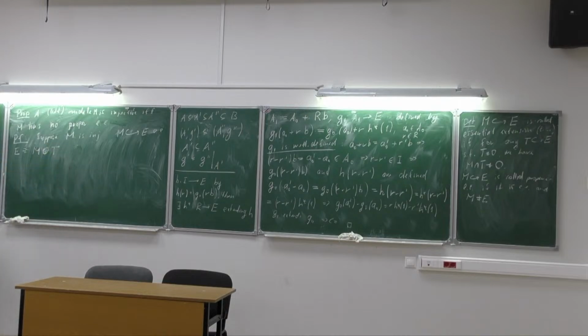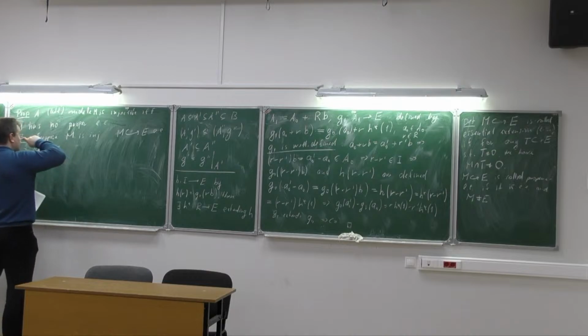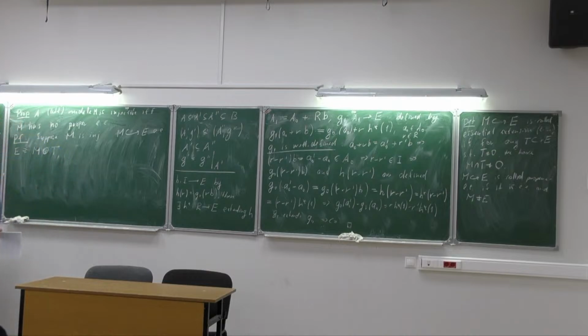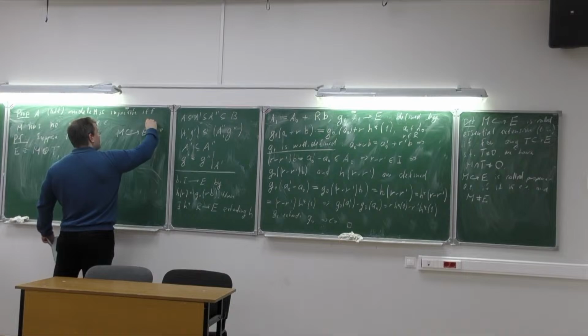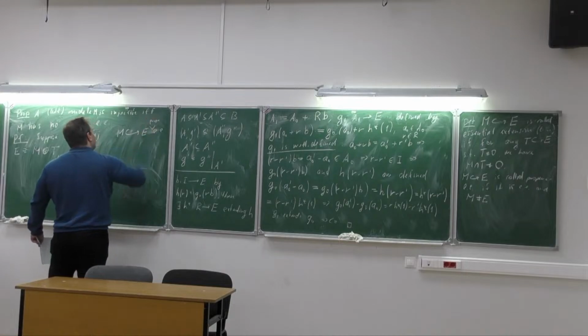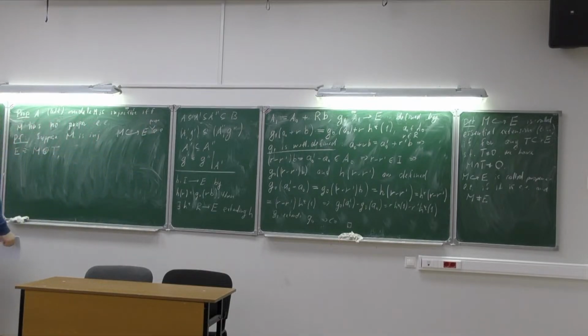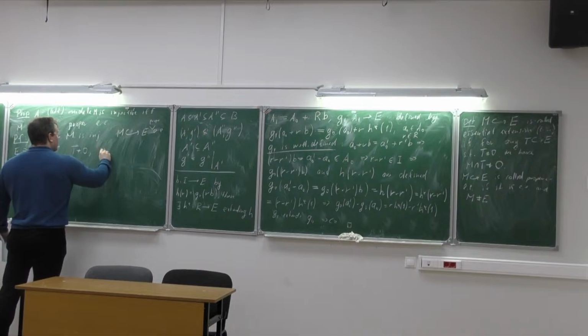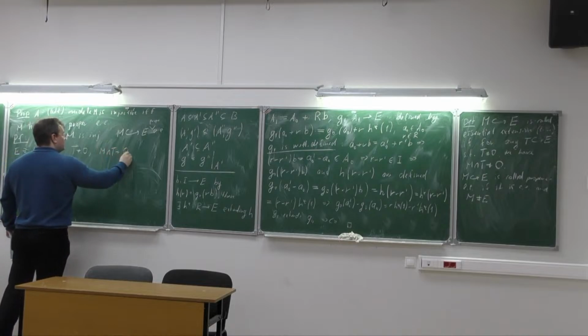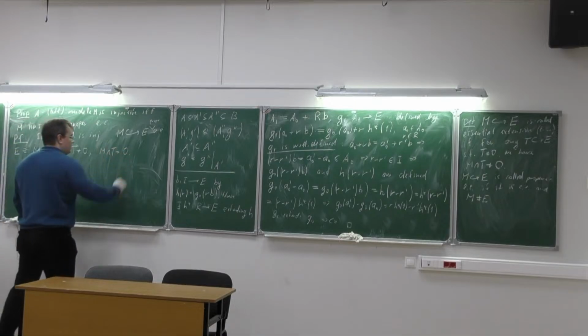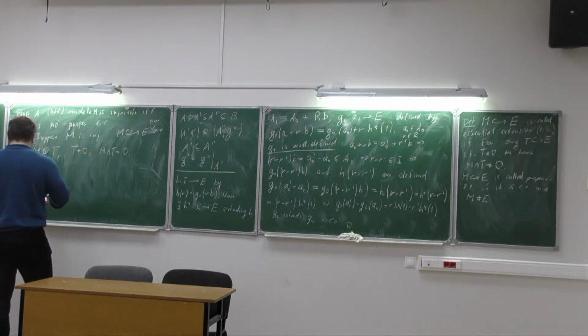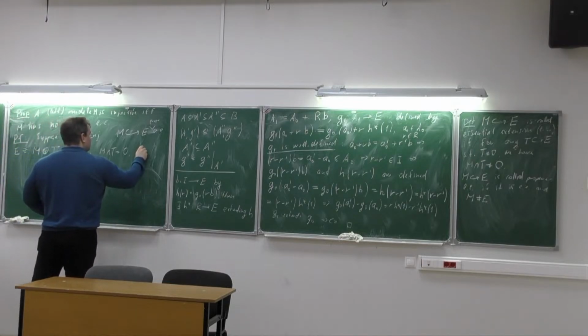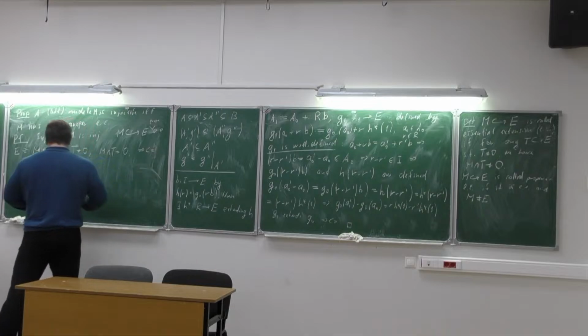Let's call this complement T. Right, but since this is proper, I know that M is not the same thing as E, so T is not equal to 0, but the intersection of M and T is 0. Right, so this is a contradiction.